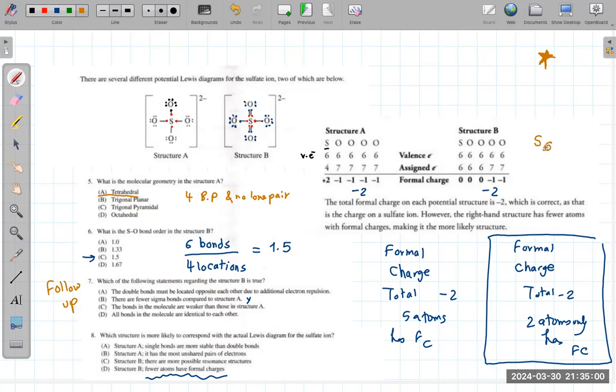You're doing it for structure A or B? B, as you said. So B: minus 0 unpaired electrons, minus half the number of paired electrons, which is 1 2, which is 1 2 3 4 5 6. So yeah, you get 0.